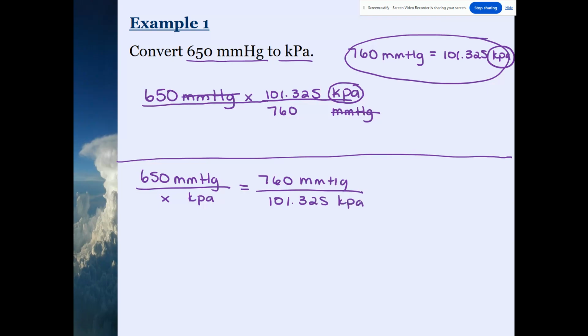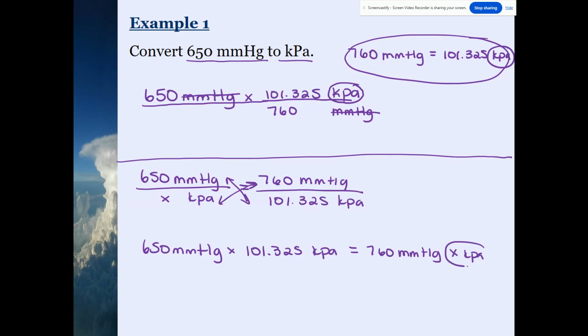Okay, so I'm setting it up as two ratios here. What I put on the top on this side, I put on the top on that side. Okay, and now I rearrange and solve for X. So I would cross multiply to get 650 millimeters of mercury times 101.325 kilopascals. And that would equal 760 millimeters of mercury times X kilopascals.